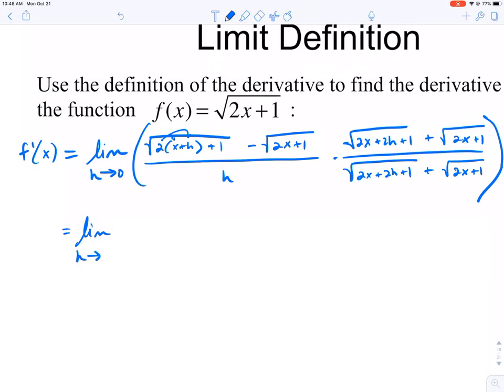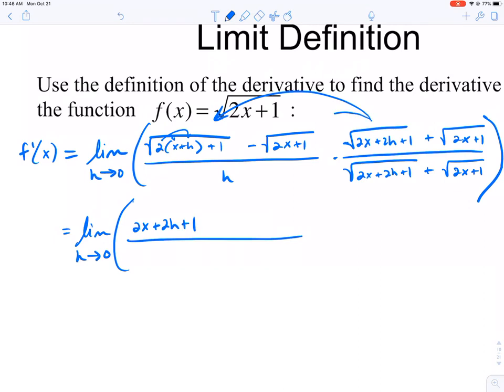So we have the limit as h approaches 0. When we distribute, that'll be 2x plus 2h plus 1.